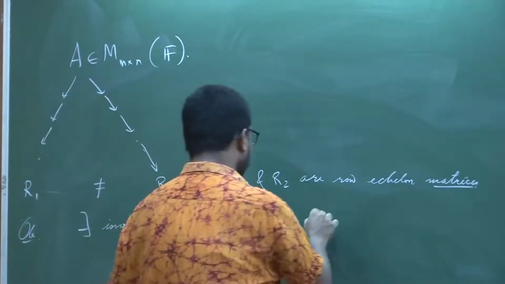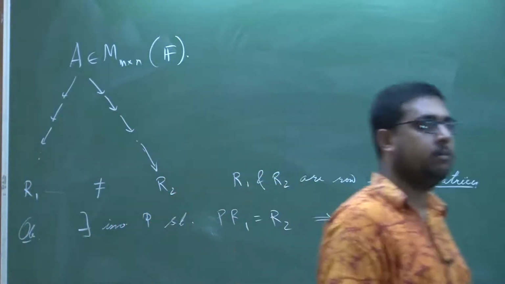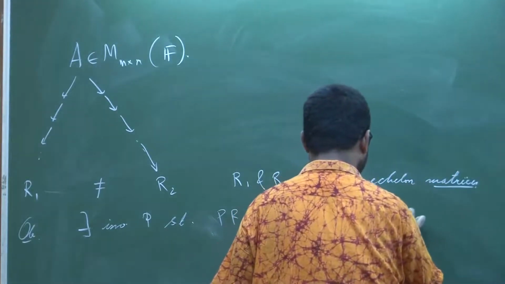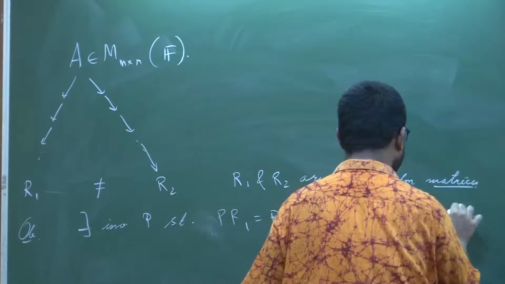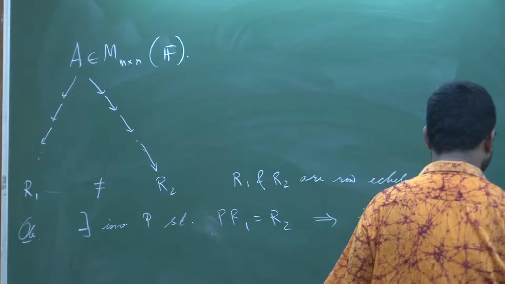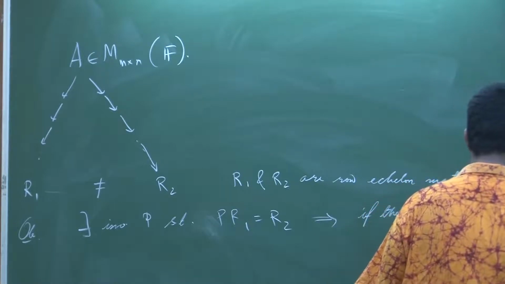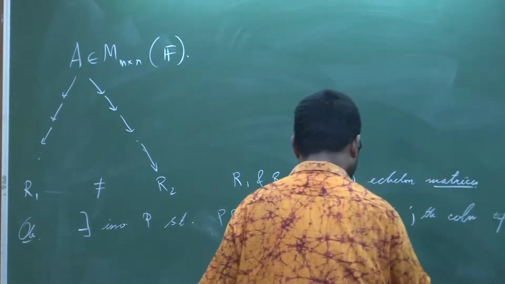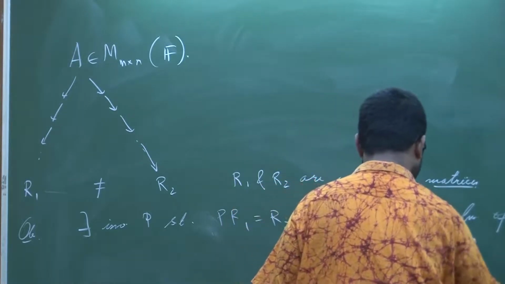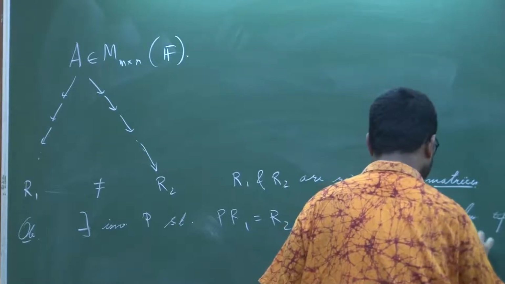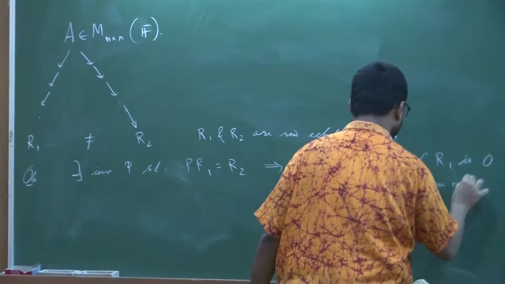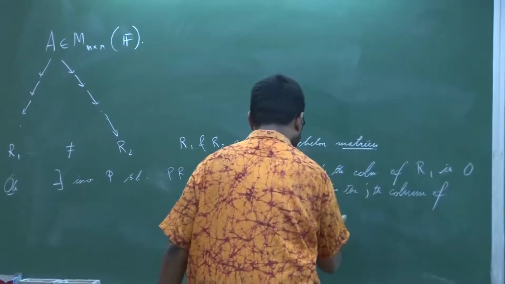So from here it follows that if the jth column of R1 is 0, then so is the jth column of R2.